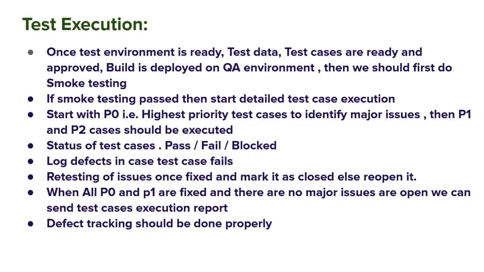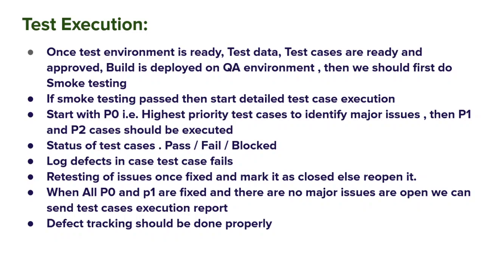We should check whether that build is stable or not, and whether the basic functionality provided by developers is working or not. If that basic thing is not working, then smoke testing has failed, and once smoke testing has failed, we should not accept that build. We should reject that build.